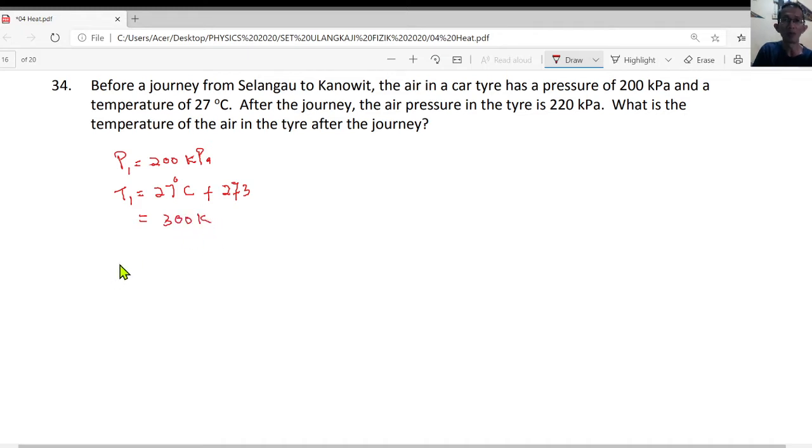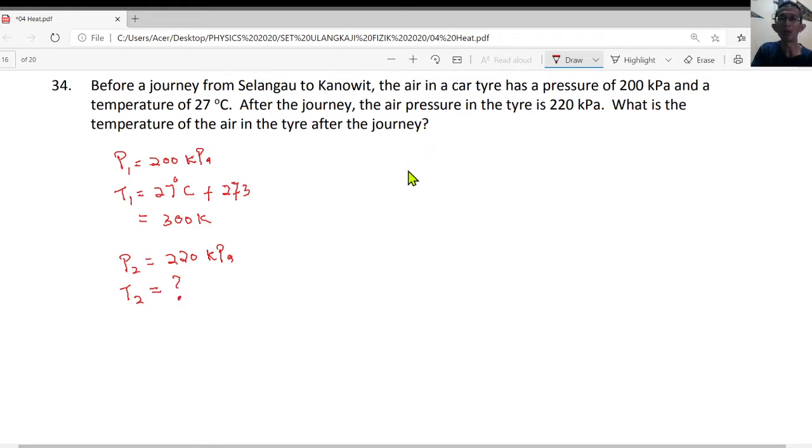And then my pressure 2, that will be after the journey. My pressure 2 now is 220 kilopascal. And I want to find out what is the temperature now. This is our unknown.